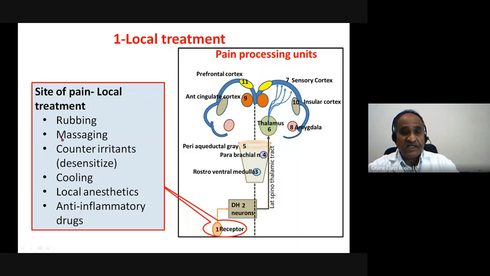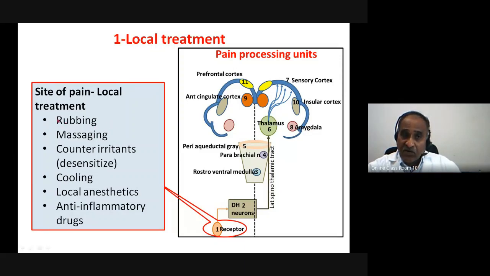So gentle massaging will remove the excessive cell degradation products and the inflammatory products. They will all be removed. That is how rubbing and massaging relieves the pain. At the same time, accumulation of fluid itself produces stretch, and that fluid also enters the blood vessels. So it relieves pain by diffusing the chemicals and by decreasing the stretch caused by the edema or fluid accumulation.